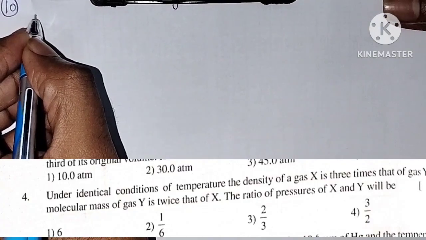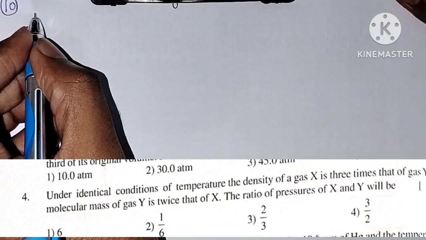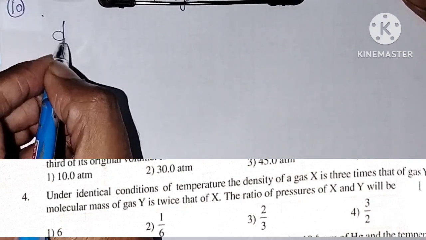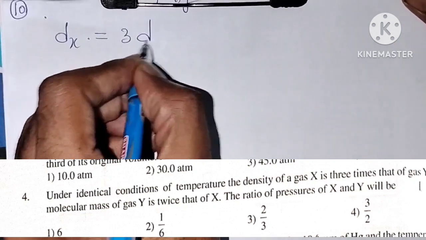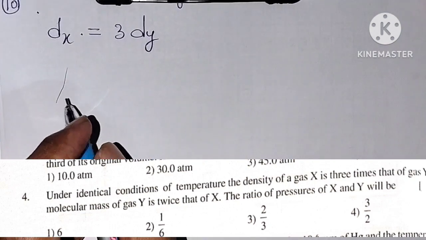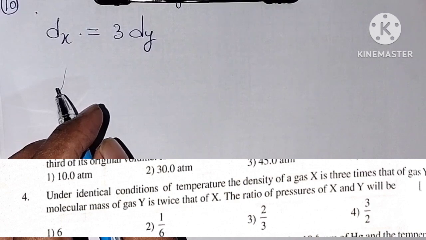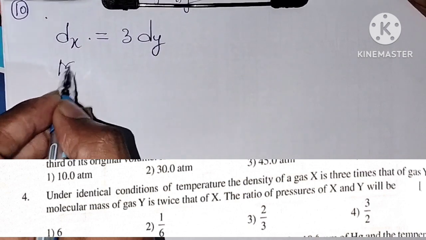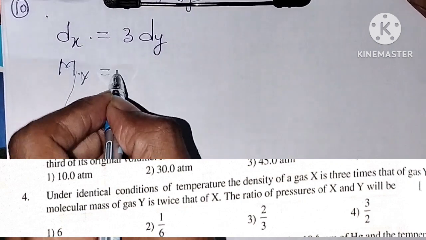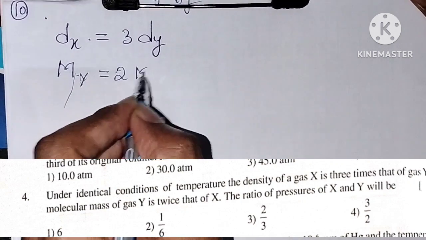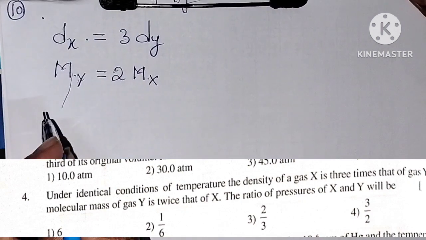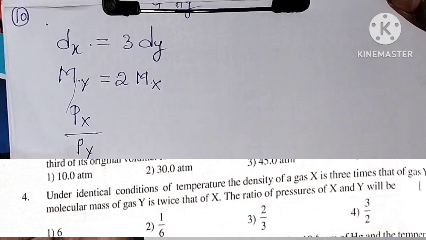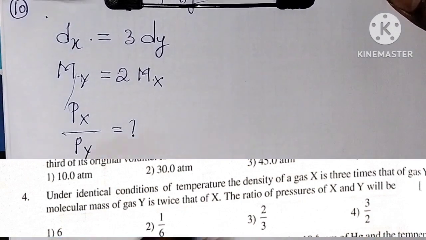Under identical conditions of temperature, the density of gas X is 3 times that of gas Y. So density of gas X, dx, is equal to 3 times that of gas Y, dy, where the molecular mass of gas Y is twice that of X. The ratio of pressures of X and Y will be, so we have to find the ratio Px by Py.